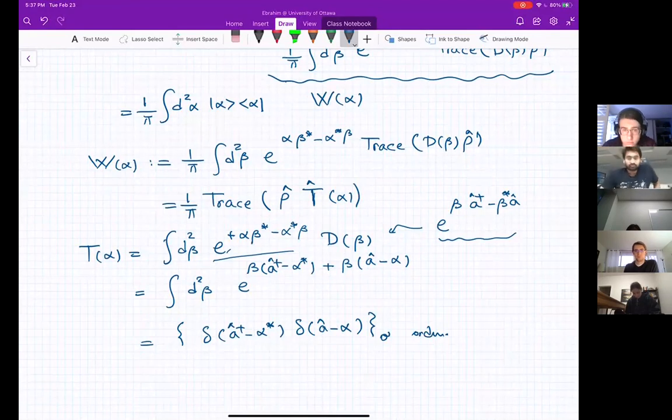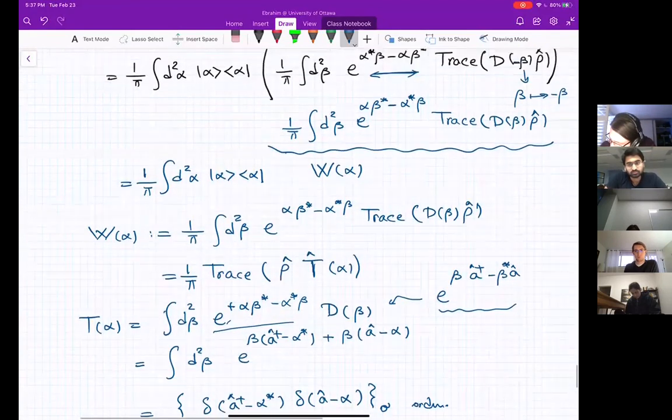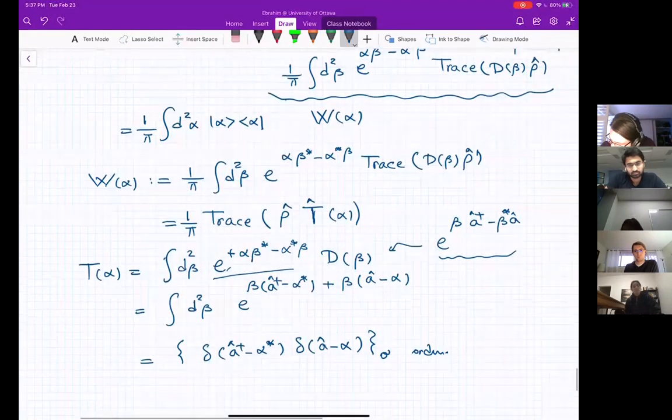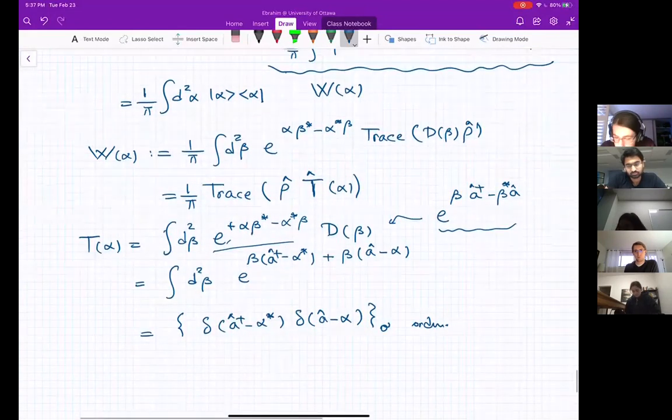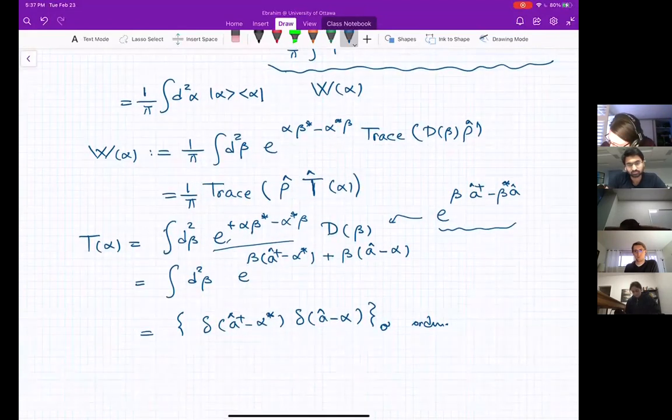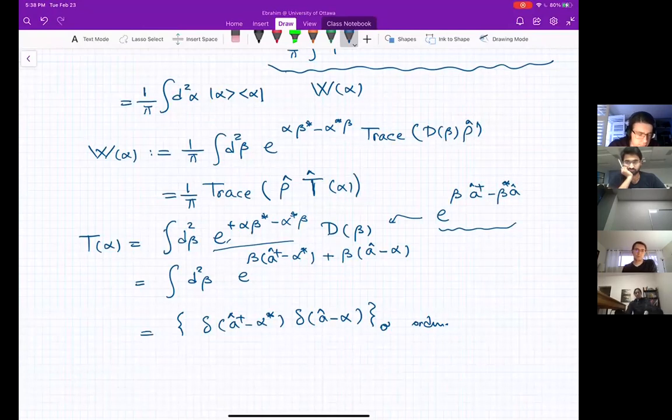Please redo the mathematics at home. There might be some minus sign that I missed, and my apologies, in my notes I had a jump, so I didn't have it properly. But anyway, this is the basis that you need to get the probability distribution. And the T operator is something like a Fourier transform of the displacement operator.